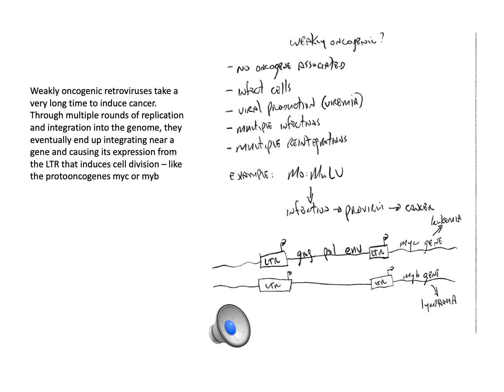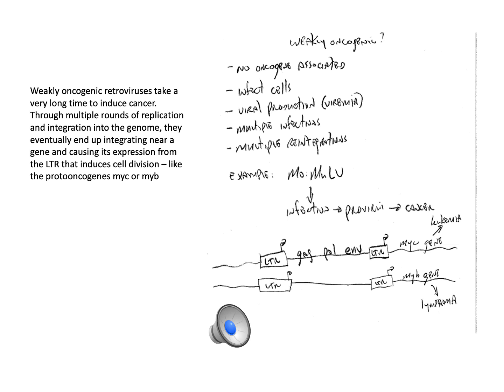Now this is just two examples, leukemia and lymphoma by murine leukemia virus, but there are many cancers in animals that are due to infections by these weakly oncogenic retroviruses, and in every case, the integration targets a specific, different gene. Could be MYC, could be MYB, could be REL, could be RAS, there's many of these.